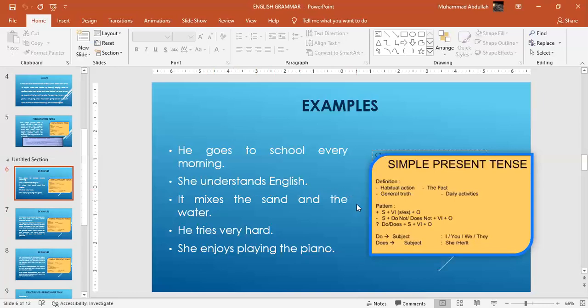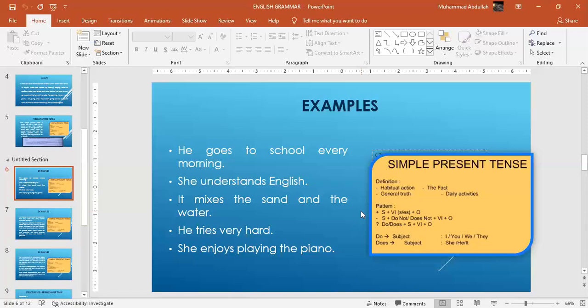Now let's look at the pattern of the positive sentence. Here it is. First of all is the subject, S, that is she. Then the formula says put first form of verb, V1, V means verb, and 1 means first. First form of the verb, that is understand.